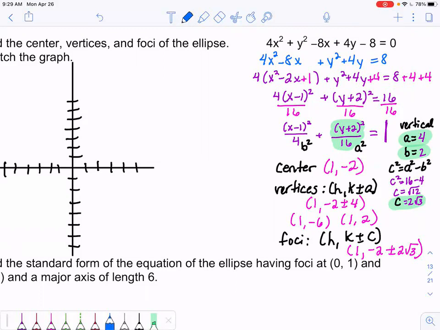Starting with the center, Jenny said it's at 1, -2. I'm just going to place a little C next to that for the center.